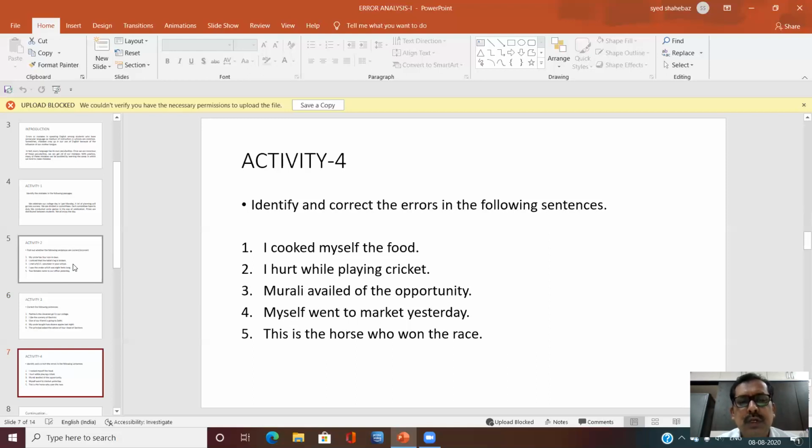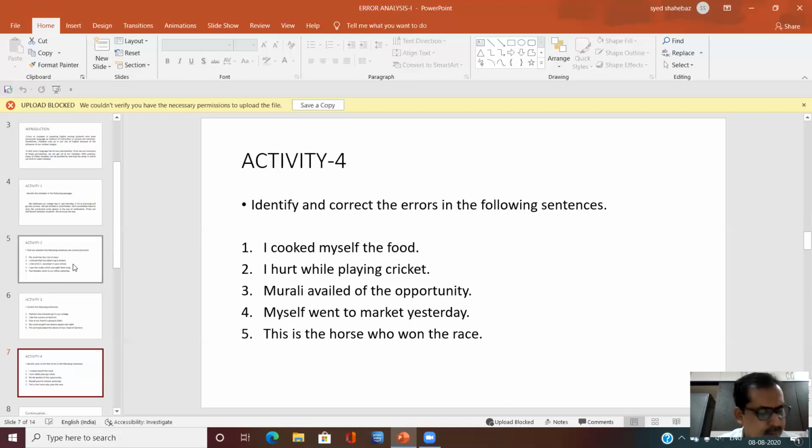If you use I cooked myself the food, it gives the wrong meaning. So the correct sentence is I cooked the food or I cooked the food myself.